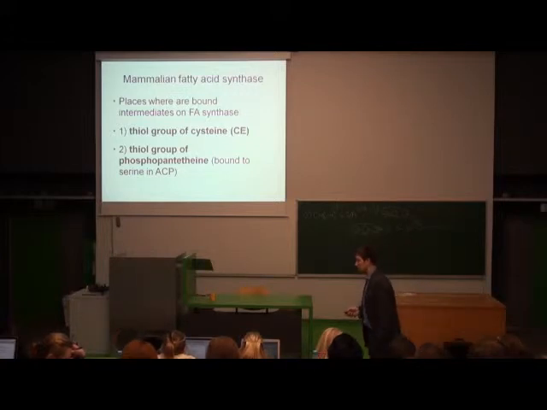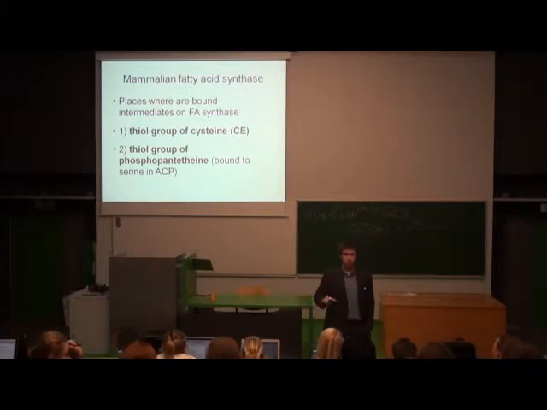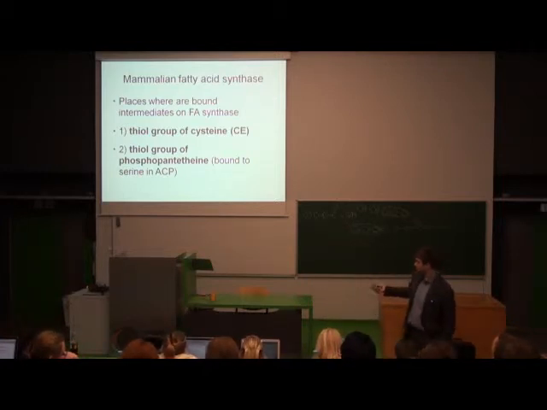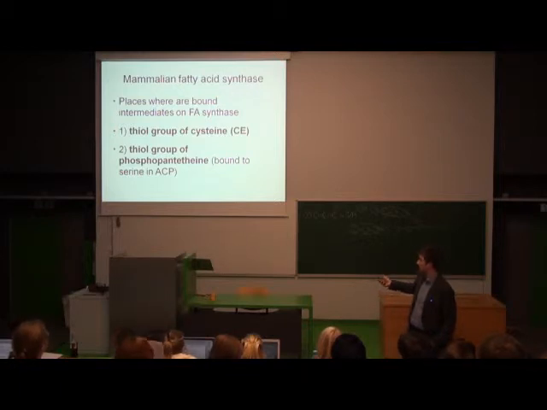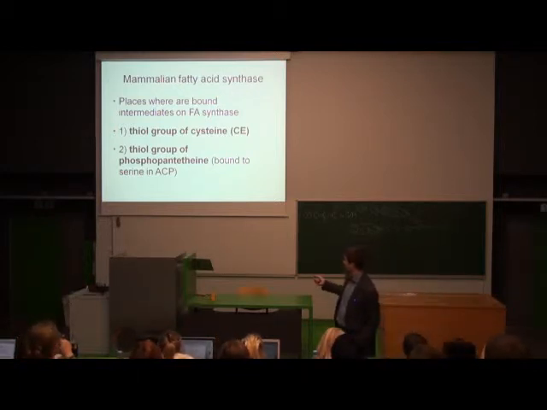The intermediates of the fatty acid synthase can bind on 2 different places. The majority of reactions take place here on the acyl carrier protein. Yes? But for the first reaction, you need this place. There's the acyl group on cysteine.